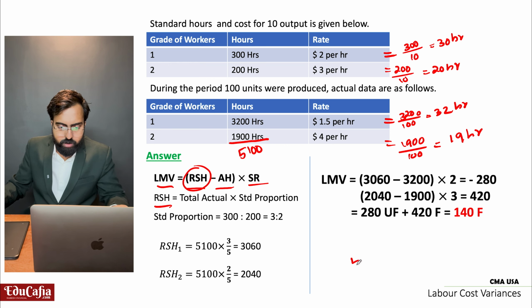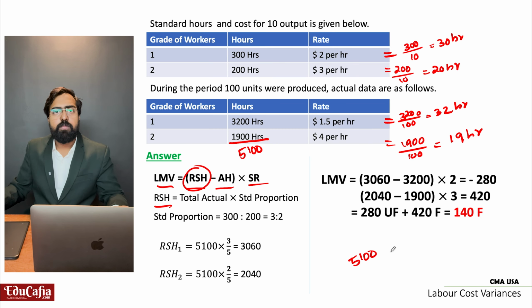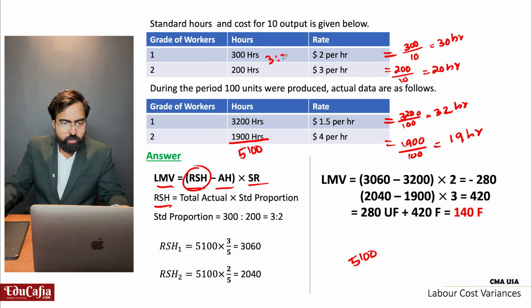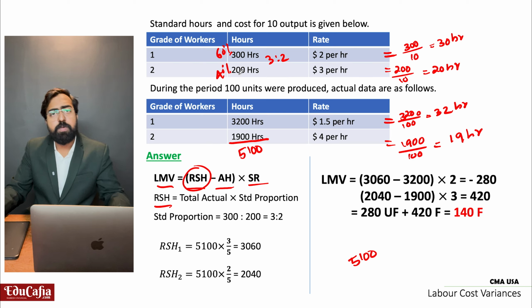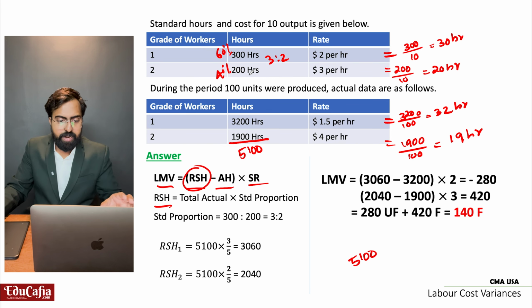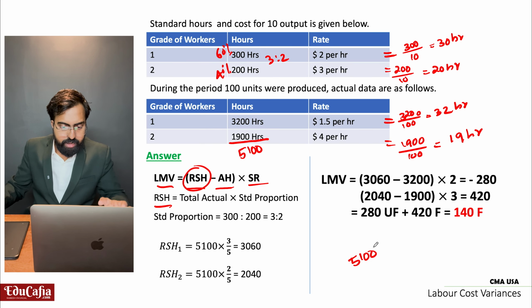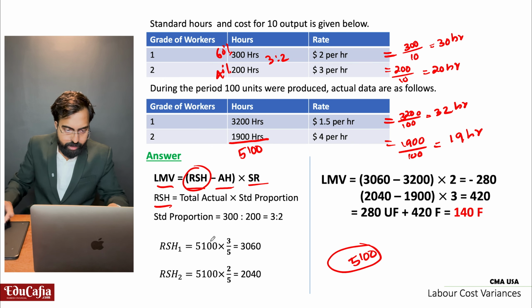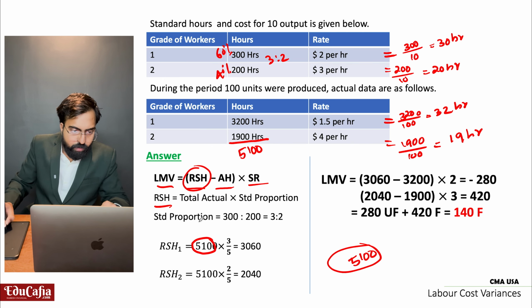So in this 5100, the standard ratio is 3:2, that is 60% and 40%. 60% for first grade, 40% work by second grade. So in this 5100, for RSH of the first grade person, he should work 3 by 5.